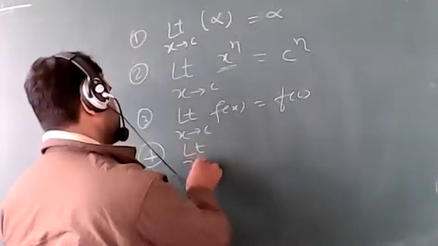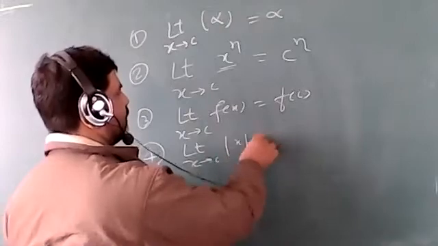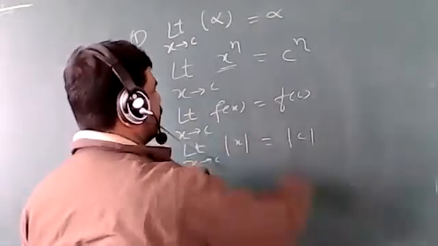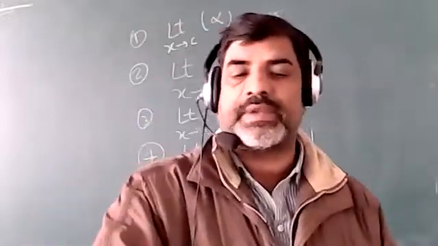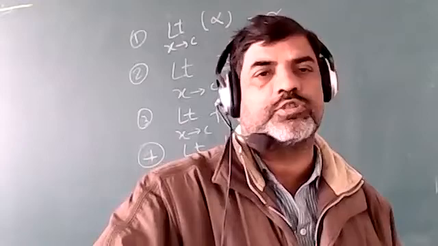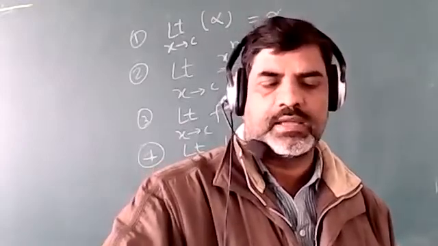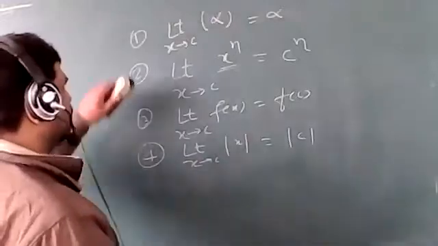Limit x tending to c of mod of x becomes mod of c itself. Then comes the algebra of limits. If alpha is a constant and f(x) is a function, then algebra of limits.